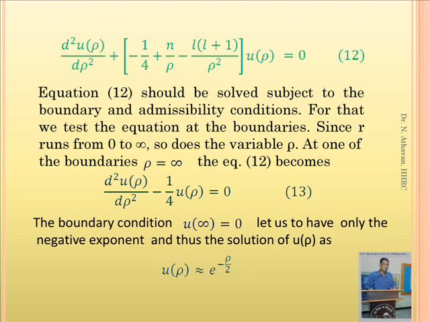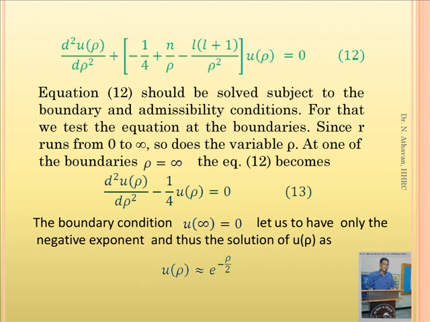First we consider the right extreme boundary, that is rho equal to infinity. At rho equal to infinity, the n/rho and L(L+1)/rho^2 terms are 0. Therefore, we get d^2u/d rho^2 - (1/4) u(rho) = 0.